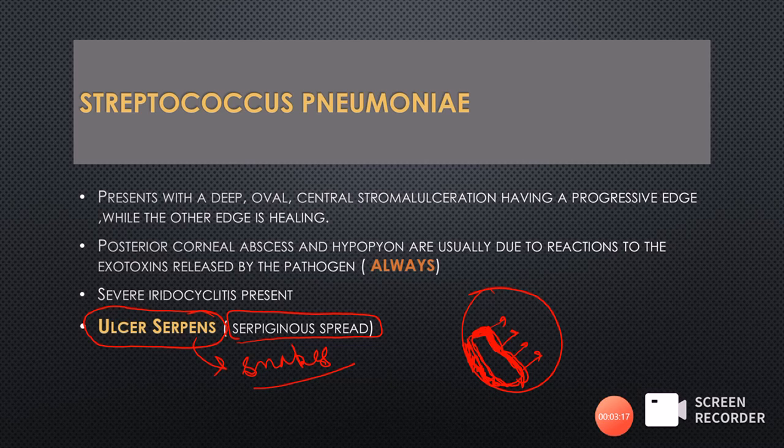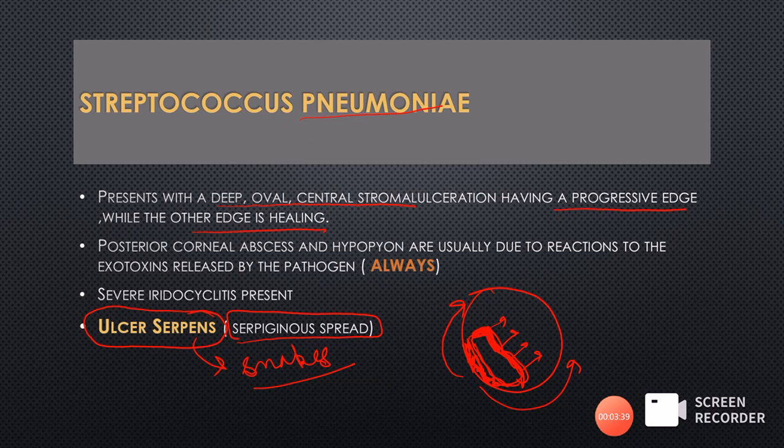So such an ulcer in which one end is a progressive edge and the other edge is healing, and usually this infiltrate will be a deep oval or central stromal ulceration. Such an ulcer which is spreading from periphery to center is called ulcer serpens, which is caused by Streptococcus pneumoniae.